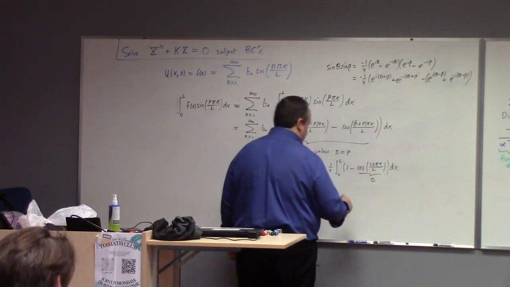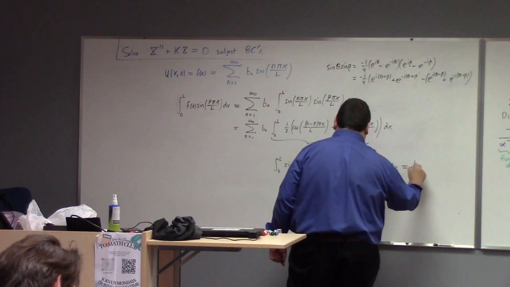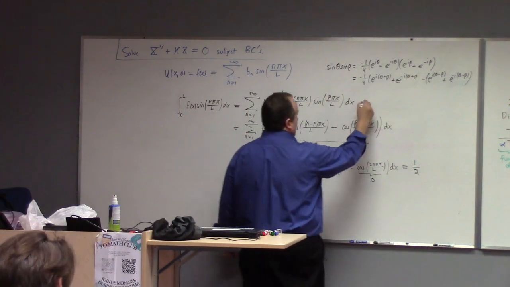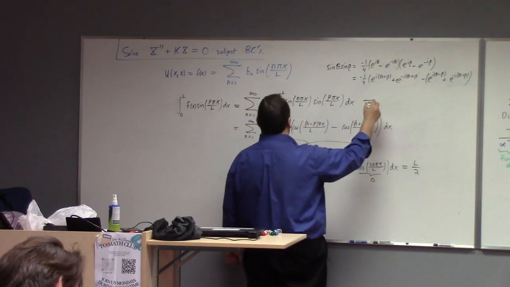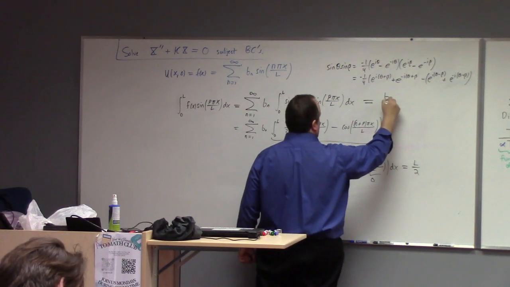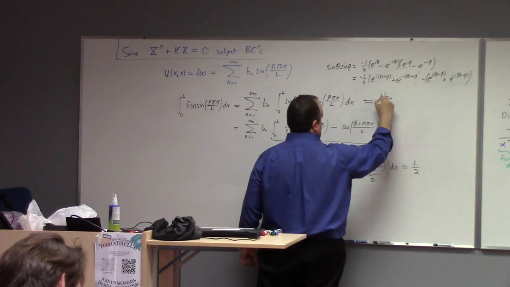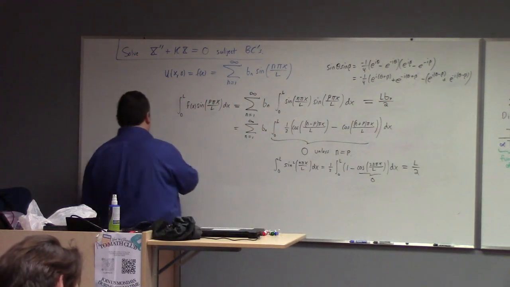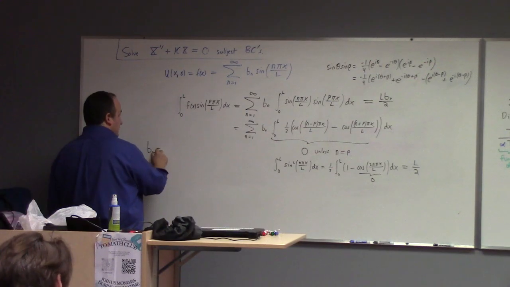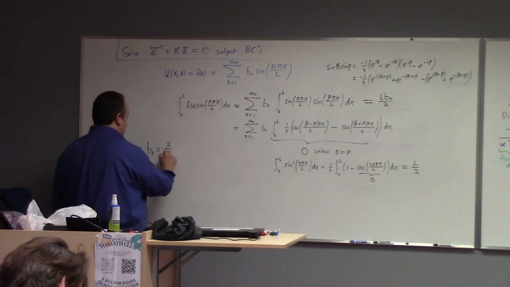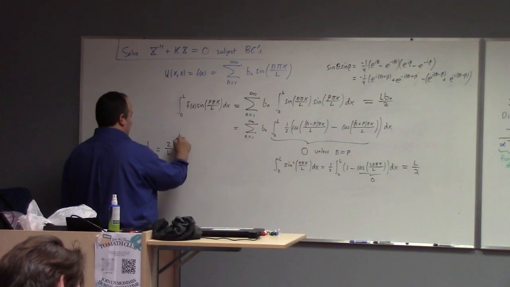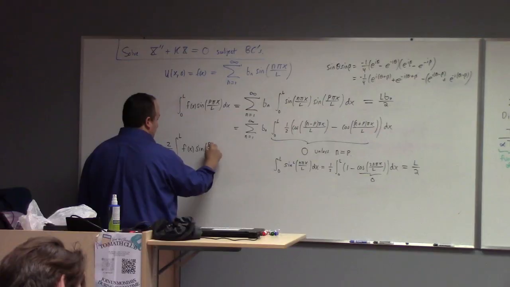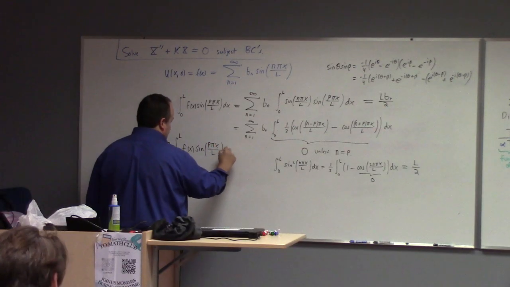This integrates to 0, and we're just left with L over 2. So basically this works out to b sub p times L divided by 2. And so we find the formula b sub p is actually equal to 2 divided by L times the integral from 0 to L of your given initial temperature distribution times the sine of p pi x over L dx.